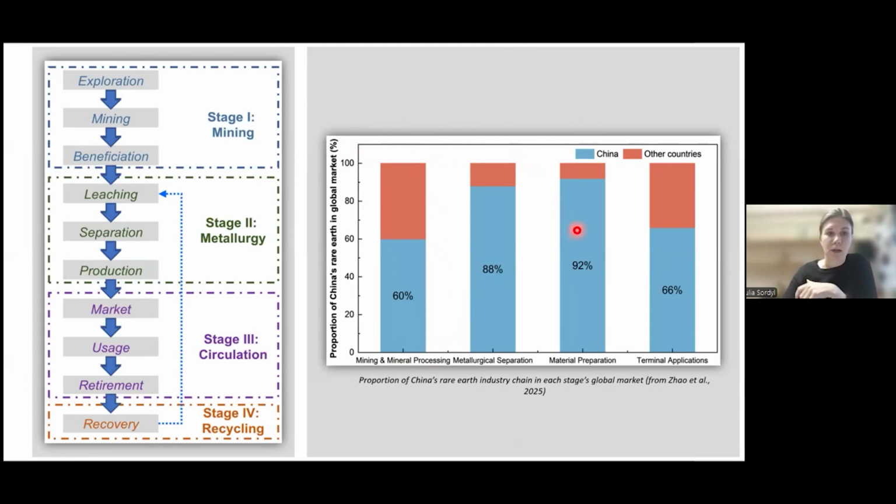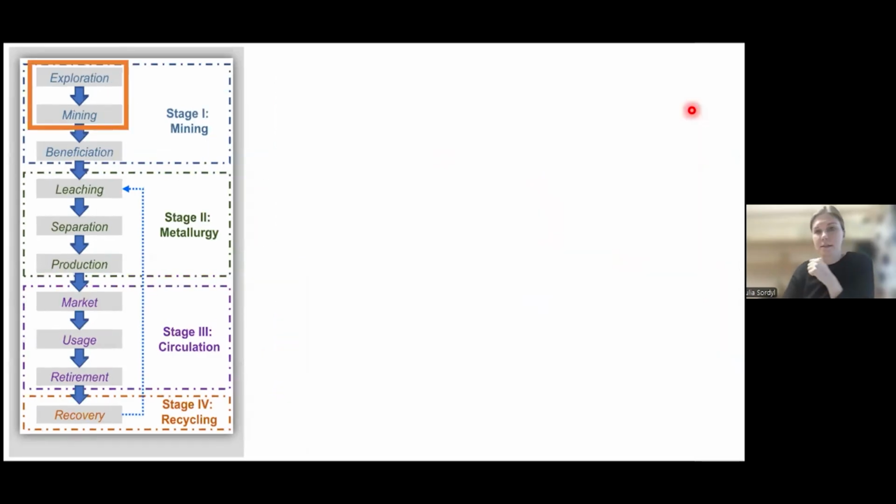In terms of metallurgy and material preparation, almost 90% belongs to China and just a small percentage to the other countries. The situation changes again with final applications: about 66% belongs to China, and the rest to the other countries. And that's it. Let's start with exploration and mining.